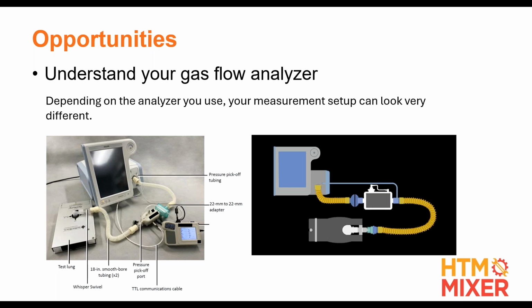Some of the devices like ours, they're all-in-ones, and the setups could be as simple as this. Patient circuit on one side, test lung on the other, possibly a proximal patient pressure tap, and that's it. So depending on which analyzer you have, your setups might be very different, even though they're all measuring the same thing. Okay.